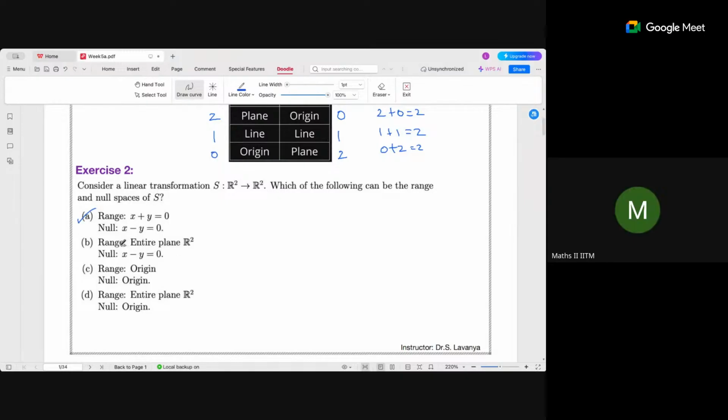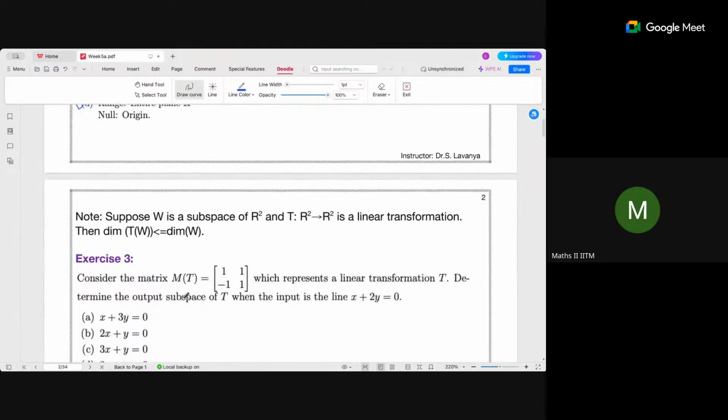Now the range is the entire plane and null space is a line. It is not possible, right? If it is a plane, then here it should be origin, right? In this case both are lines, so it is possible. What about the third case? It is not possible. And the fourth one? Possible. Okay, good.